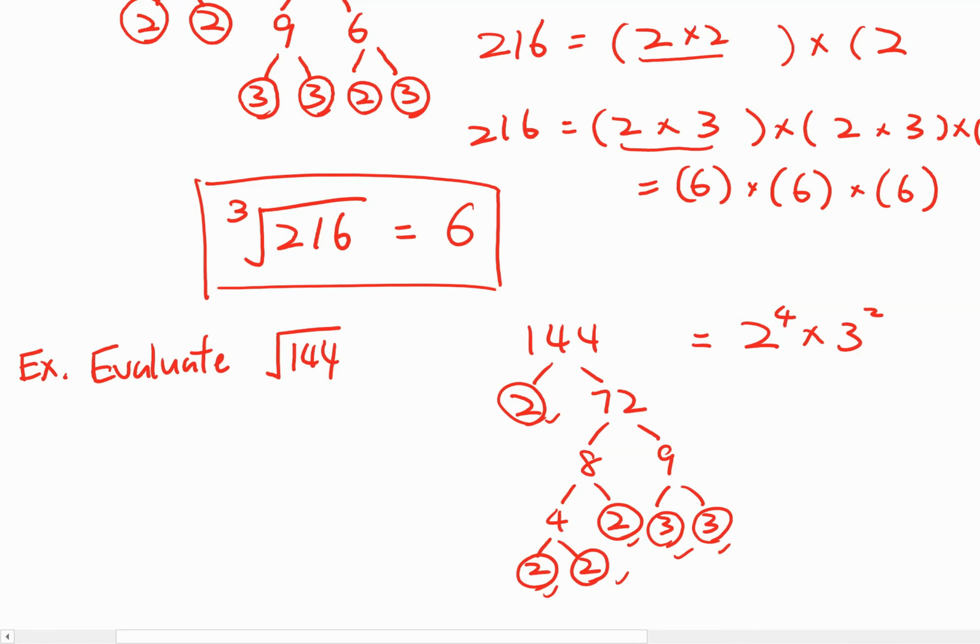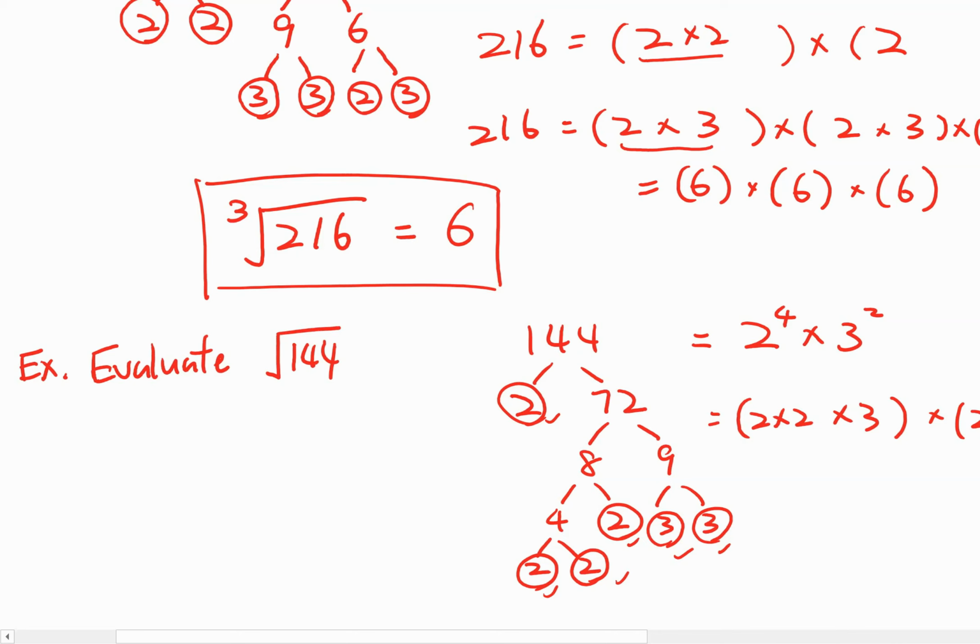Because we're evaluating the square root, we try to see if we can put these into 2 equal sets of brackets. From here, I see that I have 4 2's, so I can put 2 2's in each set of brackets. I have 2 3's, which means I just need to put 1 3 in each set of brackets.